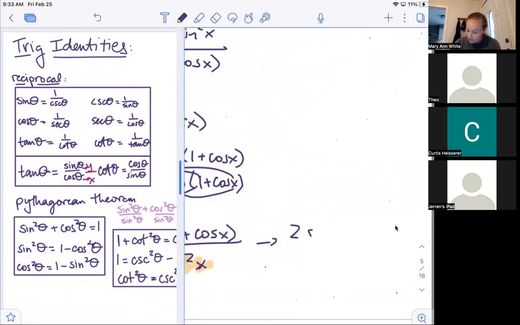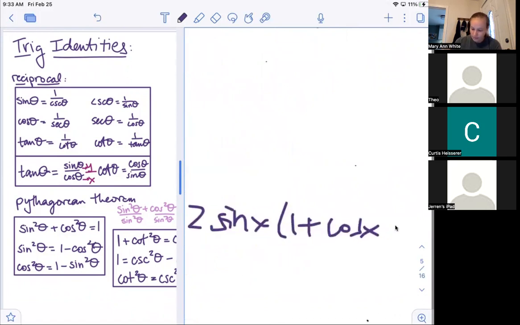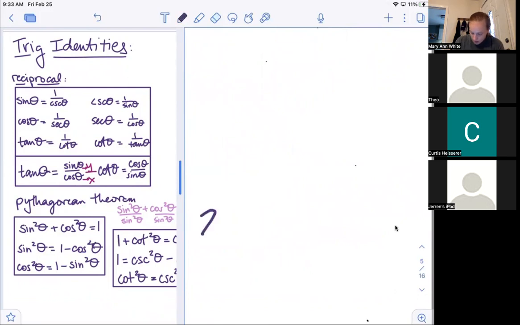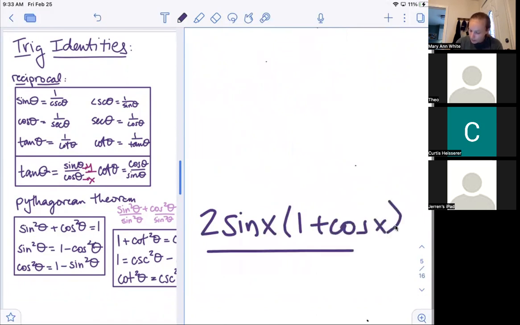So I'm still going to have 2 times sine x times 1 plus cosine x in the numerator. 2 sine x, 1 plus cosine x. And again, we replace my 1 minus cosine squared in the denominator with just sine squared.